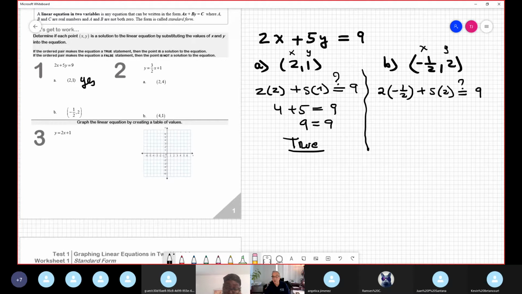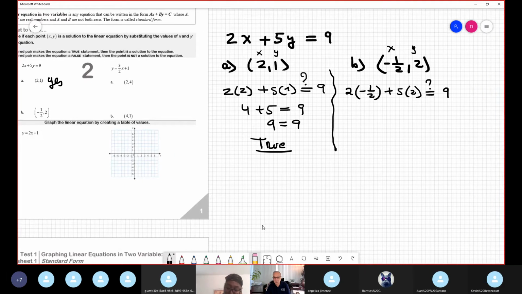Again, question mark, because I don't know if this statement is true or false. Okay, entonces multiplication, 2 times negative 1/2 es obvio que is negative 1, yes or no? Plus 10, que 5 times 2 should be 9, of course it's true. 9 equal 9 is true also. Then the answer is yes.